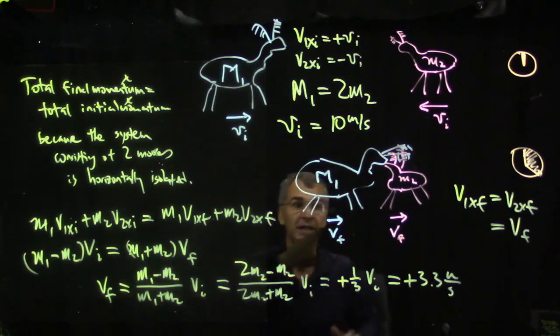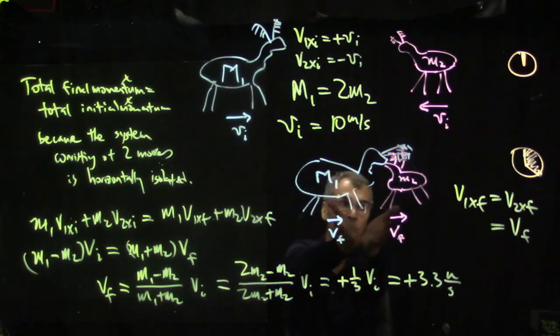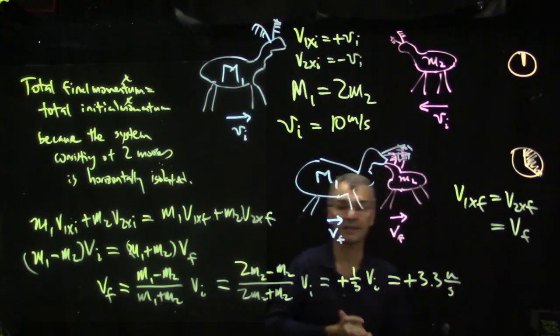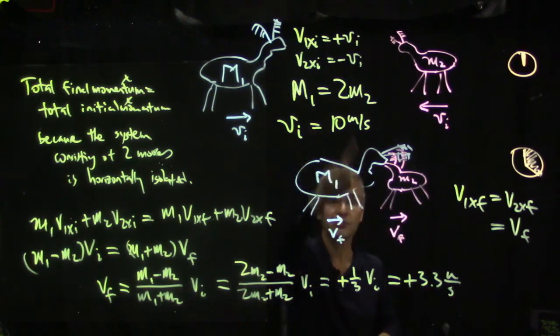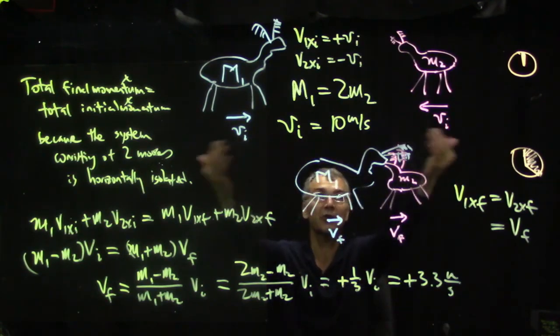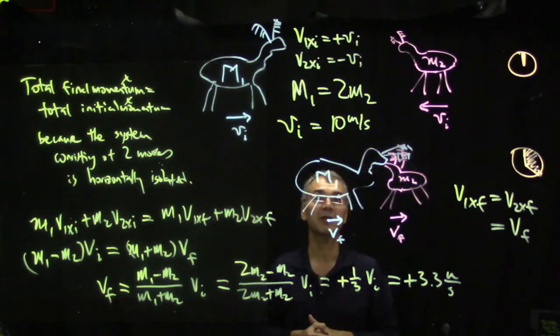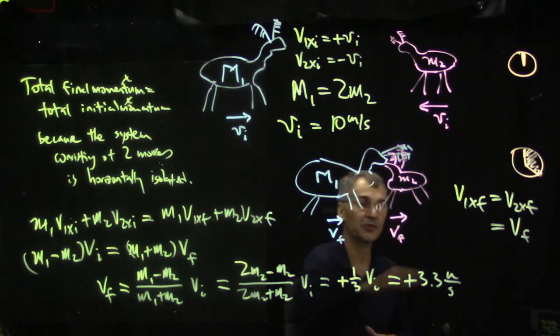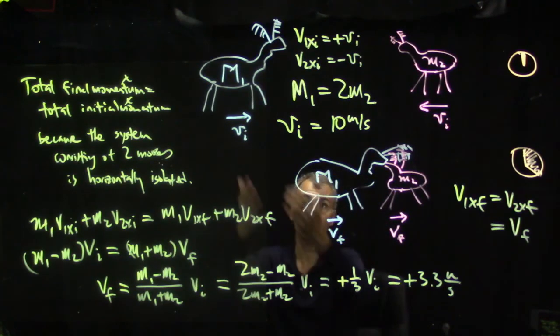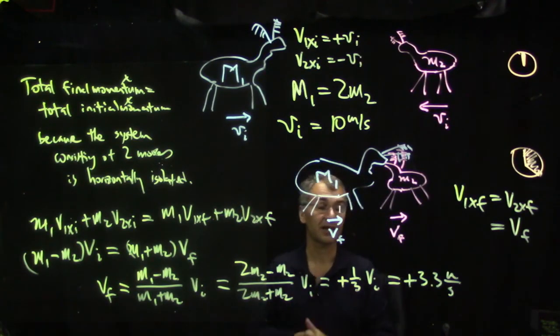So you can work out that the speed at which the two-moose system slides after their antlers lock, for this ratio of masses, is 1/3 of the initial speed of each moose. So if the initial speed of each moose going toward each other was 10 meters per second, then the two-moose system slides to the right, which is the direction of the bigger moose, at 3.3 meters per second.